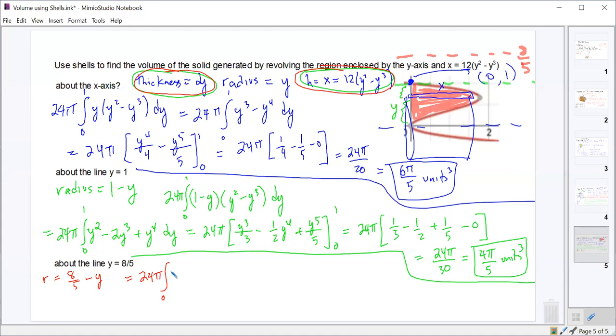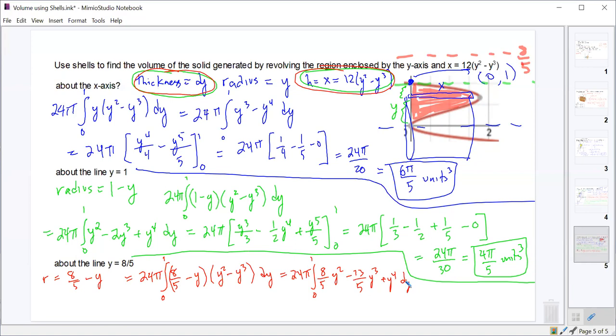So we should have 24 pi times an integral from 0 to 1. Got to make the arithmetic a little bit annoying on the last problem that we're going to do. 8/5 y squared minus a y cubed and minus an 8/5 y cubed would be minus a 13/5 y cubed plus y to the 4th dy.